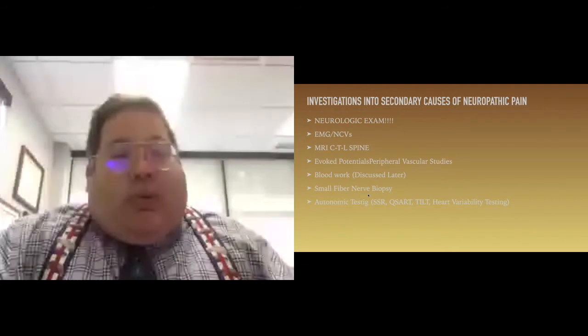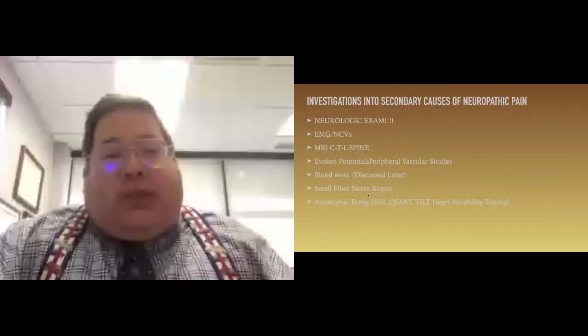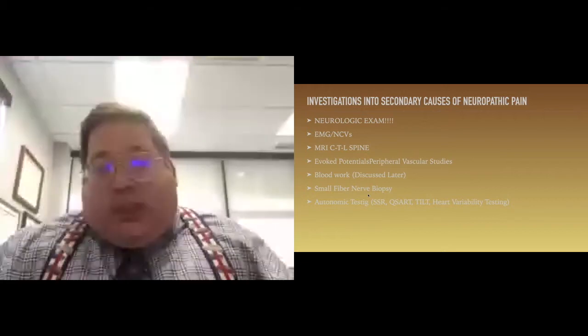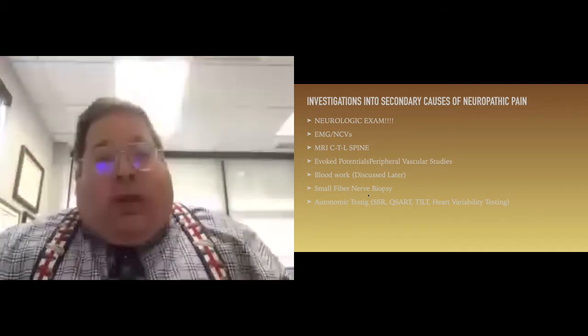We look at a velocity from the last part to the muscle called the terminal latency, and we look at the amplitude of the muscle response. And we take all this information, and then we also look at sensory responses, to understand what's going on.